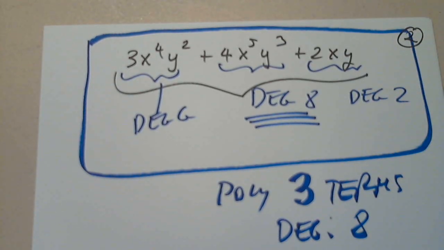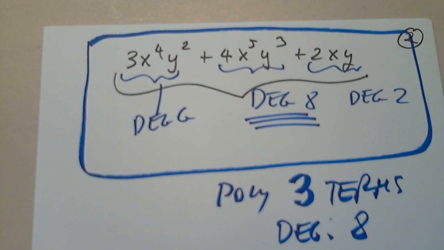Careful. No polynomial can have a variable with a power that is negative or a fraction or anything else but a natural number or 0. Okay? So if you see 3z to negative 2, this is not a polynomial.